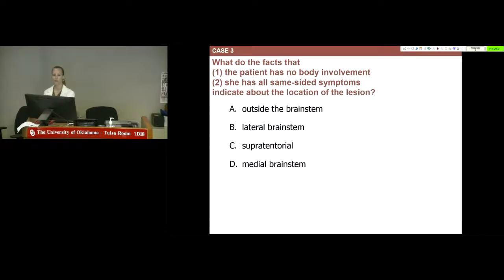So that it is probably an afferent issue with her corneal reflex. But what about the fact that she has no body involvement, and even that reflex was on the same side as her hearing loss? What does that tell us about the location of the lesion?